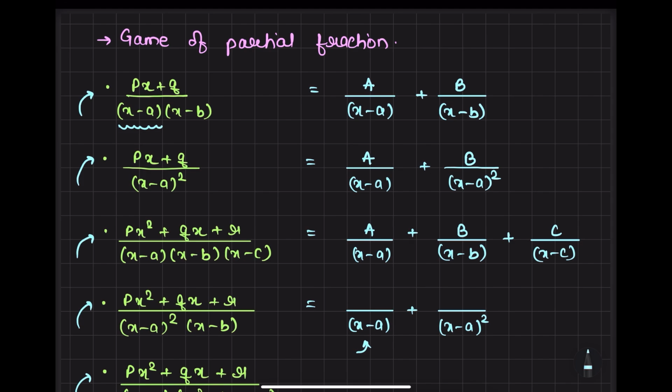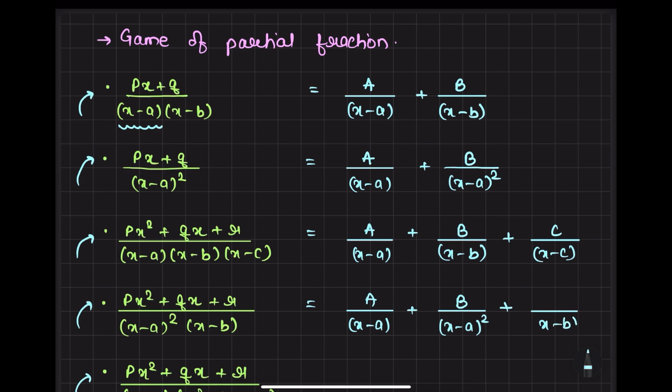It is linear, so we write a constant, A. Next, if you observe inside the bracket it is linear, so we write constant B. Now the next component is x minus b.